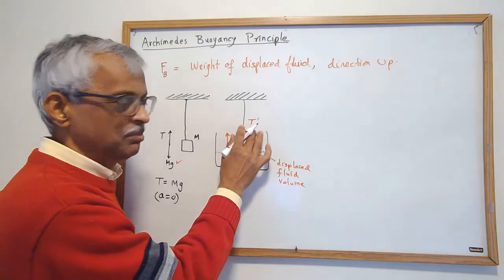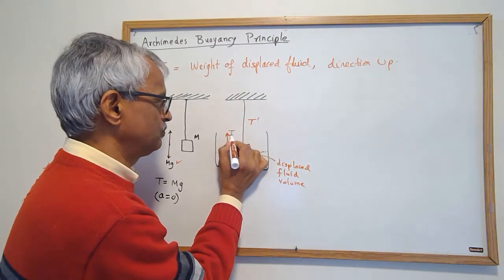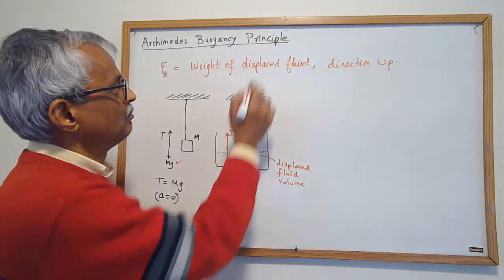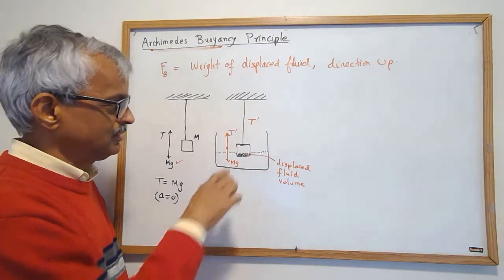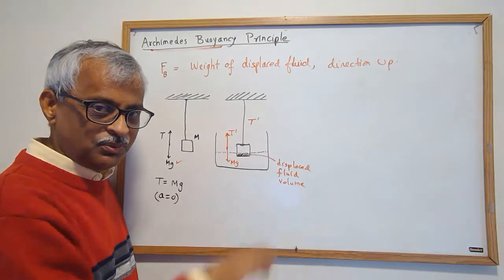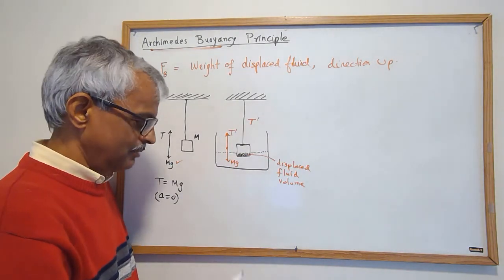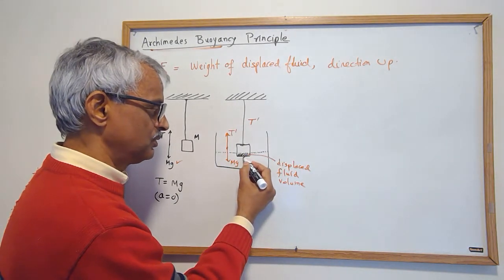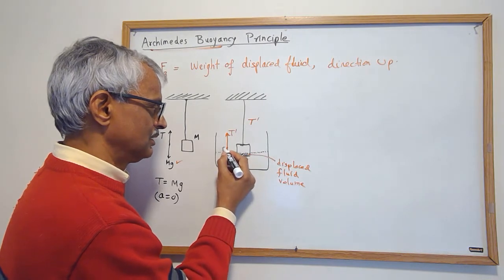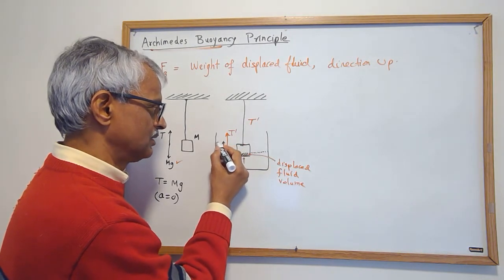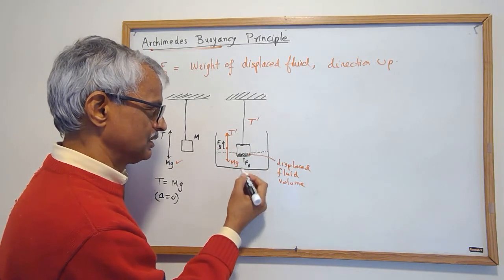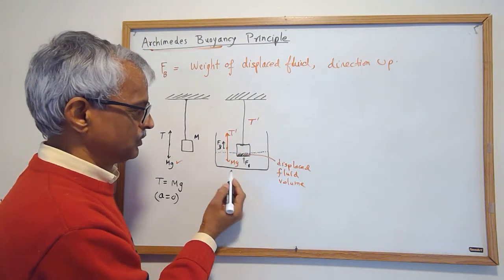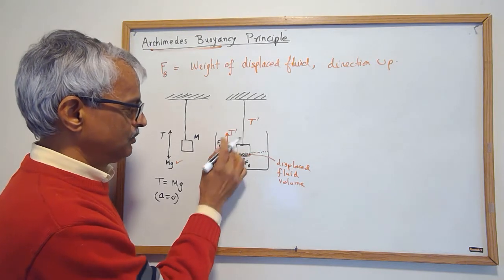Those two forces are still there, but Archimedes' principle says that in addition, because there's a displaced fluid, there's going to be a force from the fluid upward, which means there is another force. We call it the force of buoyancy. So there will now be three forces.